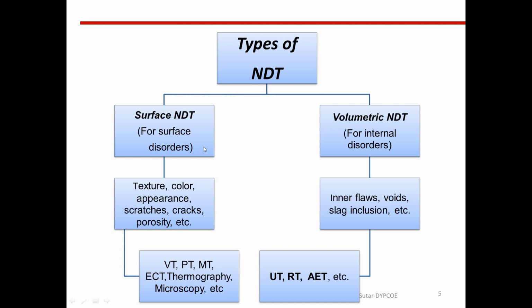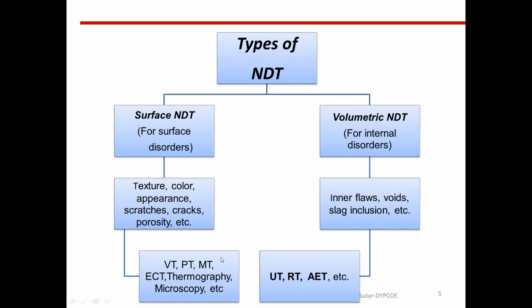Now, what are the surface disorders? Some of the examples are texture, color, appearance, scratches, cracks, porosity, etc. In case of volumetric disorders, these are air traps, voids, inner flaws, slag inclusion, etc.